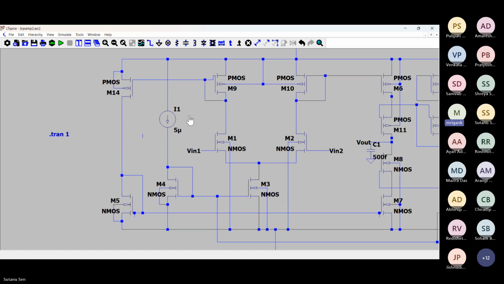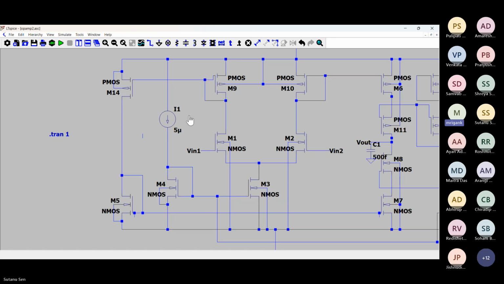So that means that the channel length modulation is very significant. So here, the lambda value that you are getting is pretty large. That's what I'm expecting. So if the lambda is significant, then because of the channel length modulation, with V1 and V2 being exactly the same, M6 and M14 currents are not similar.